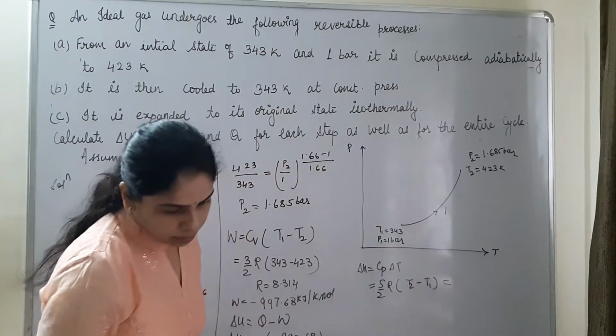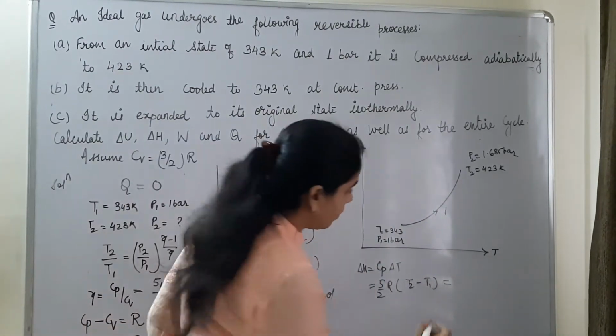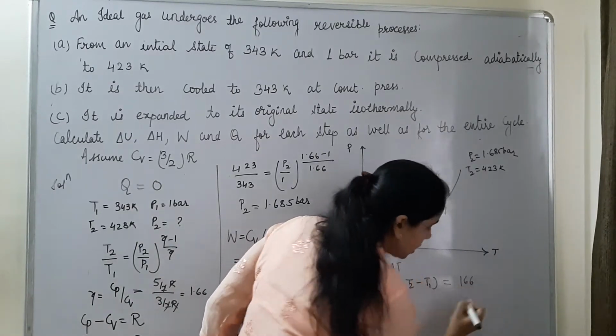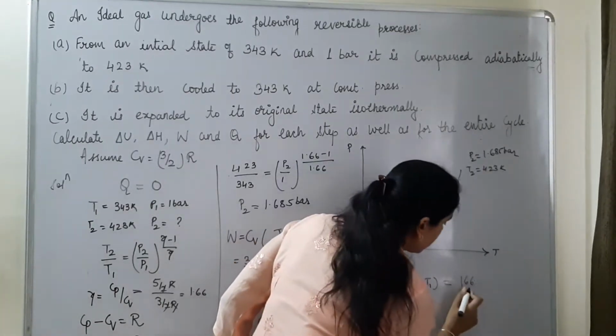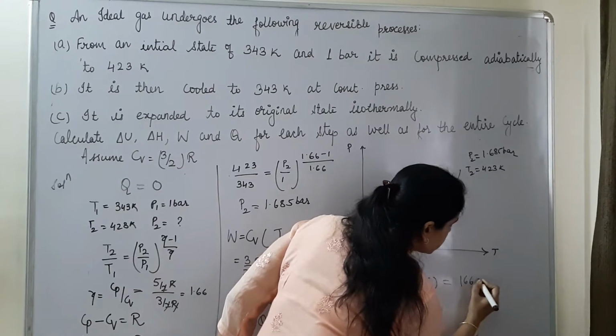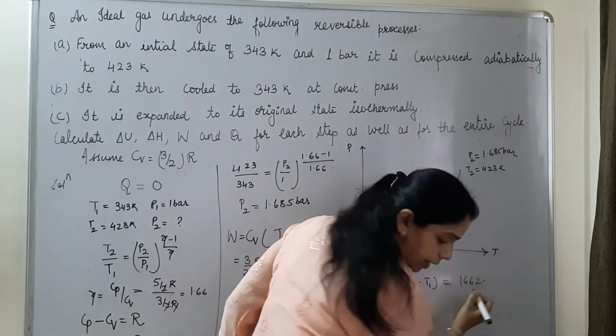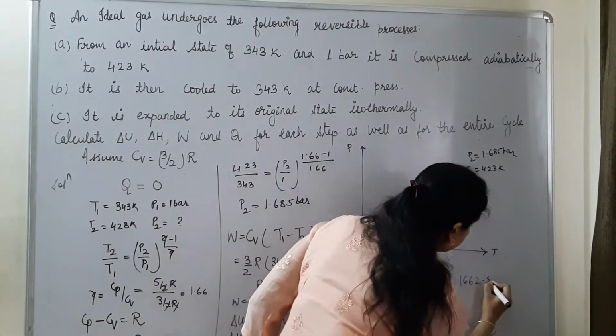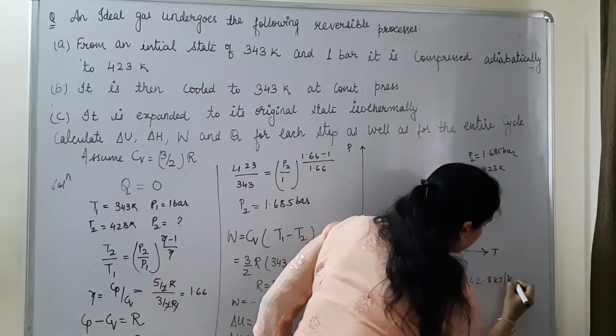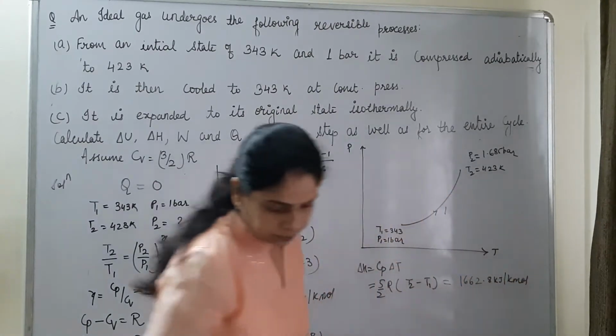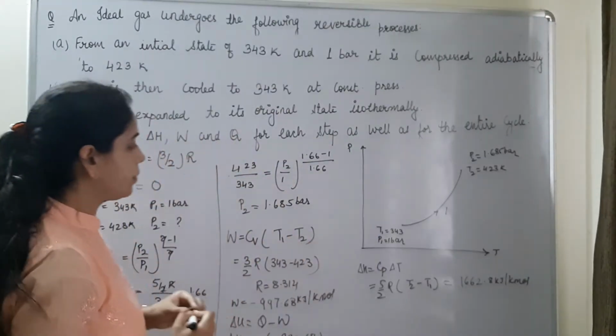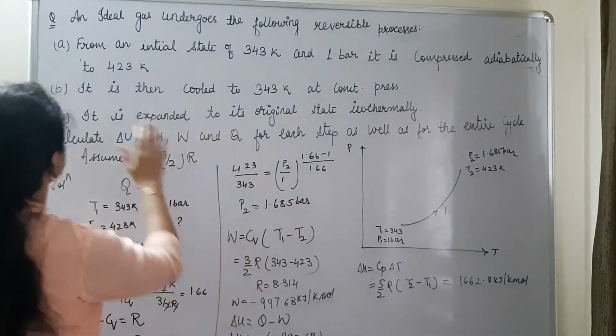When you substitute the values, you will get the value of delta H as 1662.8 kilojoule per kilomole. So this is the calculation for the first step.